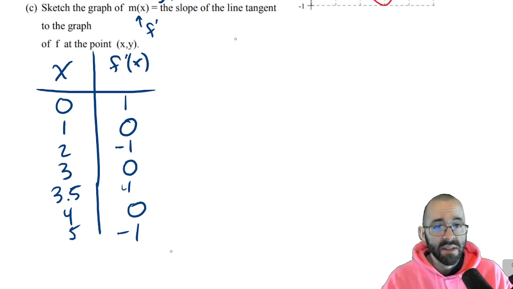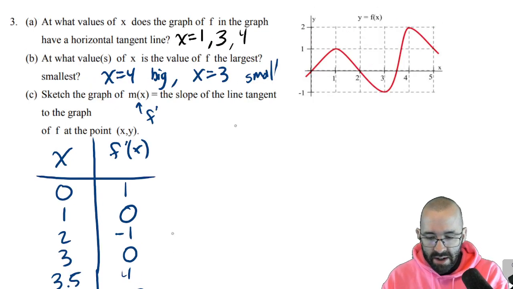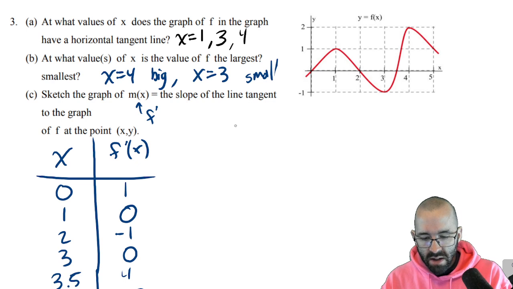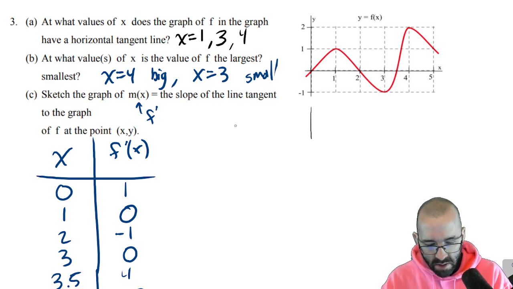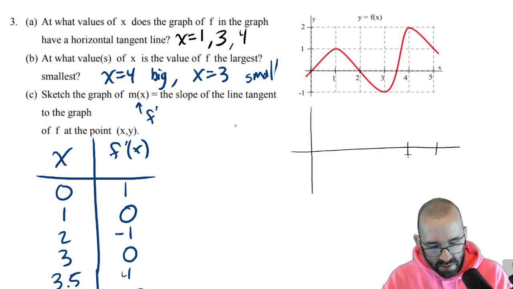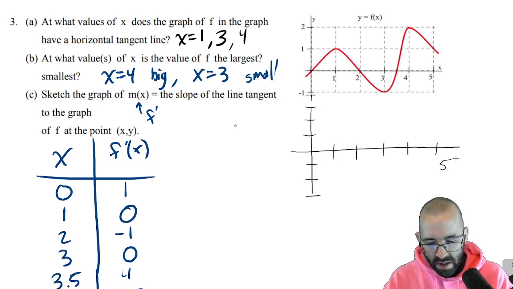And now we have to graph this. All right, so let's just copy this out a little bit. 5, 4, 3, 2, 1. Oh, we are going to have to go a little bigger, though. We did have a pretty big slope. All right, and let's plot these points.